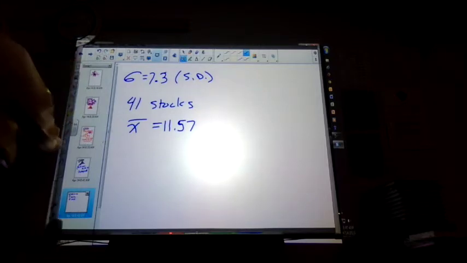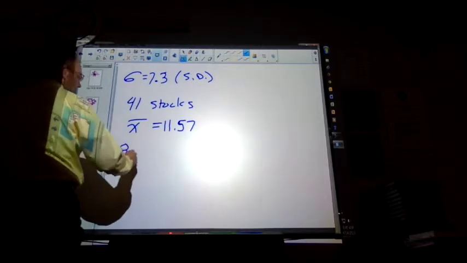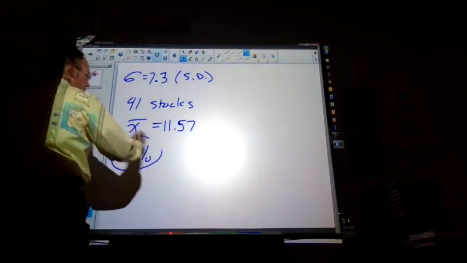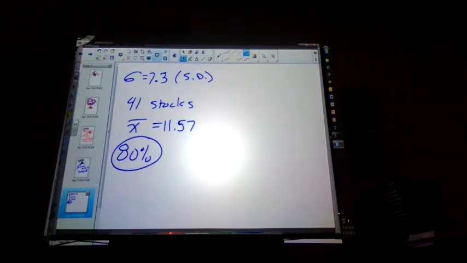Okay, find an 80% confidence interval. 80%. Do we have 80% written on our back pages? Now we have 90, 95, and 99. 1.282.